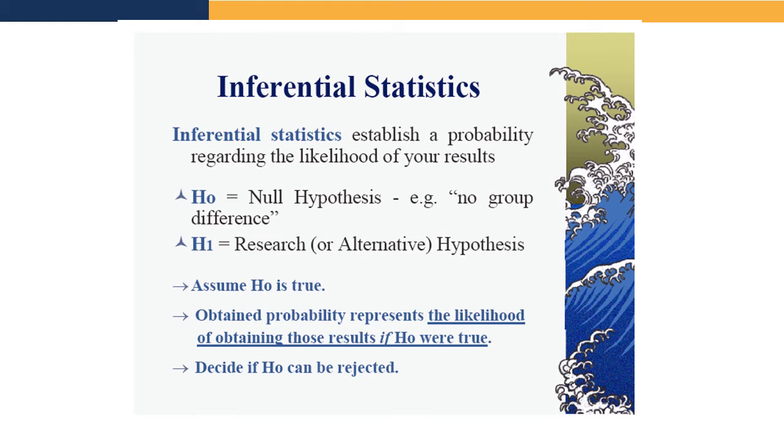Null hypothesis, again, either we reject or we accept. We have to set up a threshold, 0.05. We call that a critical value. Anything above that will lead to what? Accepting the null hypothesis.